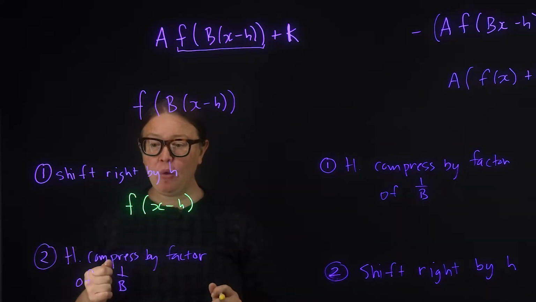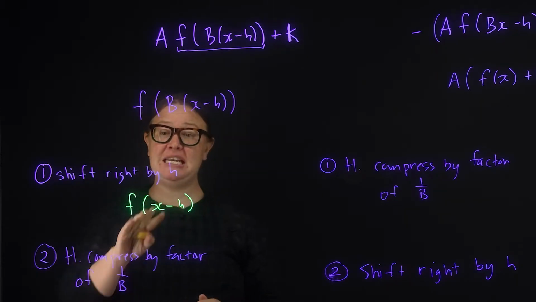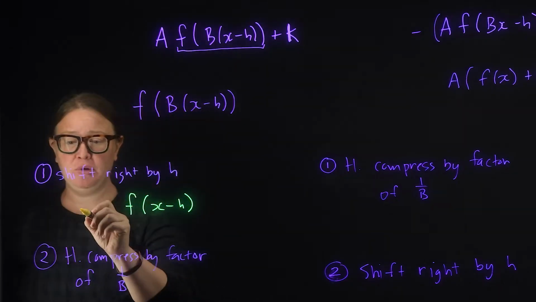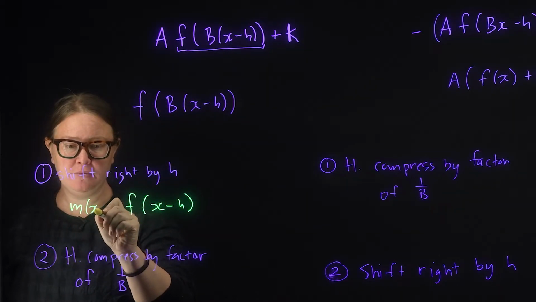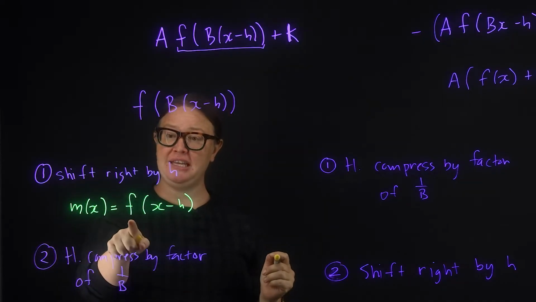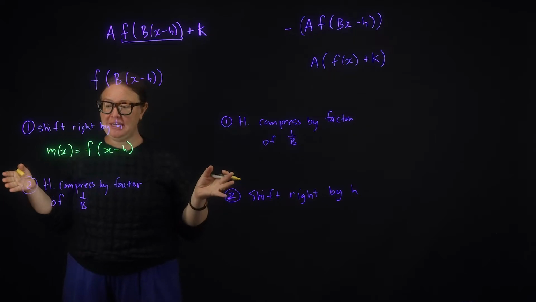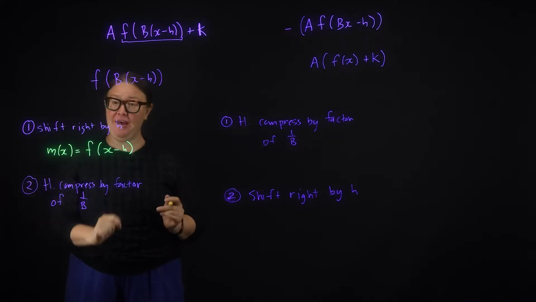Okay, now how do I horizontally compress? And here's where it can be very helpful to name this function something new. So I'm going to name it m of x. And so m of x is a new function defined as f of x minus h. I want to horizontally compress m of x by a factor of 1 over b.